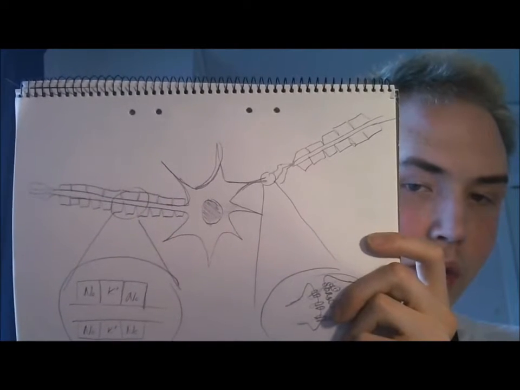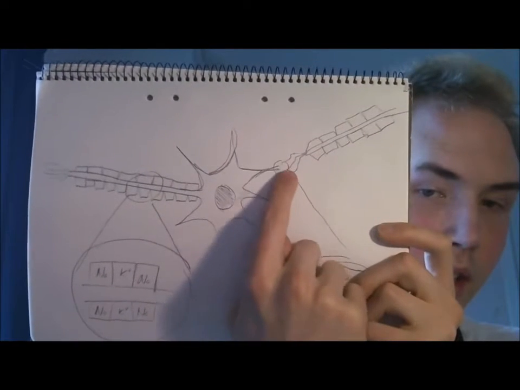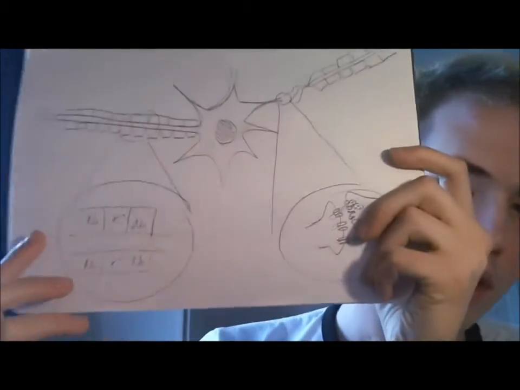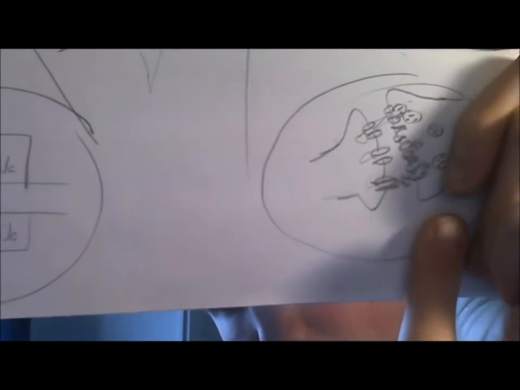To show you a little bit more about how it works, this is a synapse. This is where the information that goes through nerve cells gets transferred. Looking at this little enhancement I did here, it basically works like this.